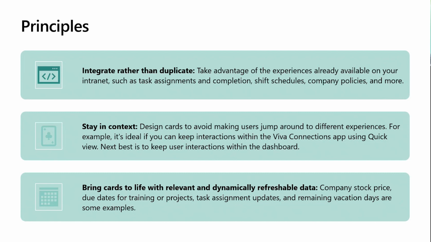Second, to stay in context. So you can stay within the context of a card. I did this yesterday. We have what we call Perks Plus Fund that lets us get refunded for things like gym memberships, ergonomic furniture. We have a certain amount allocated every year. It's a very nice benefit we have. But for the first time, I used Viva Connections to do my reimbursement for my gym membership.